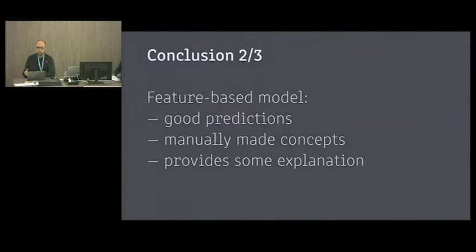The feature-based model provides very good predictions. I think 80% prediction of similarity judgments of human perception is very good. The problem is we don't know whether we can get up to 90%. This has been tested on all the data from all the participants, so I don't know whether the model is bad or whether people are bad at this task.